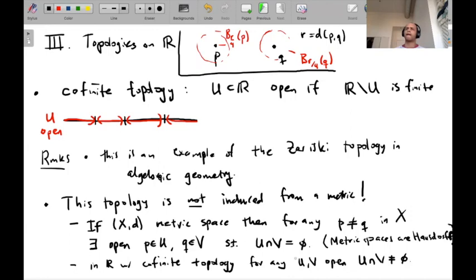This is not so hard to see. You have two subsets whose complements are finite. You intersect them, and the complement is still going to be finite, because the intersection is still an open set.